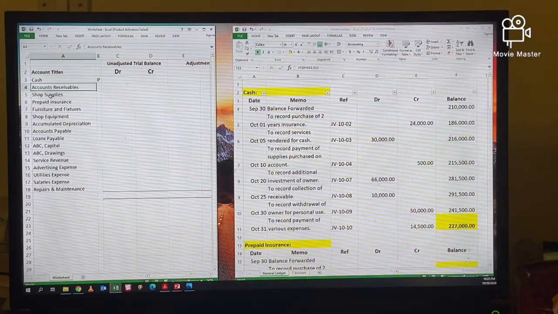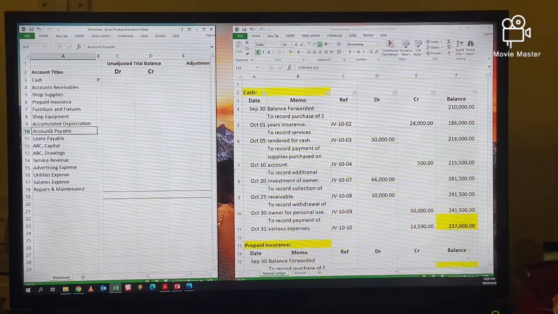Okay, then AR, inventory, you have your prepayments, and then you have your non-current assets here, furnitures and fixtures and equipment. You have your accumulated depreciation, your contra asset, your accounts payable naman, your liabilities naman are arranged according to maturity. So, kung paano mo siyang babayaran.